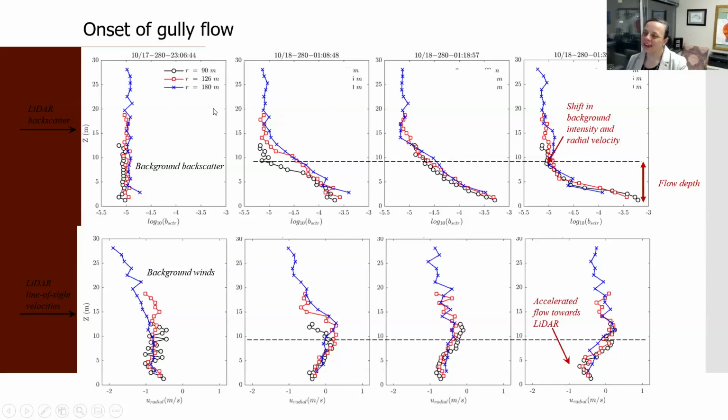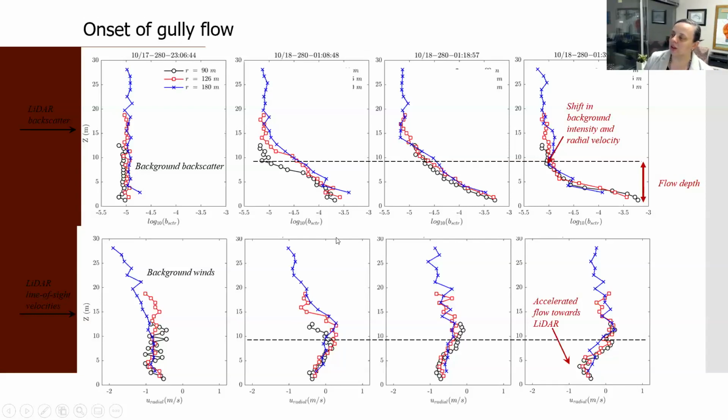So pre the onset of gully flow, we see, and the three lines are further away from the LiDAR, the background backscatter is the same throughout, and then we see this increase in backscatter near the surface. And we also see a shift in background intensity and radial velocity.